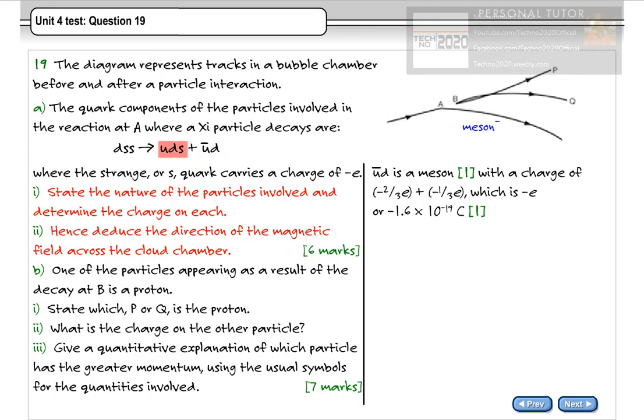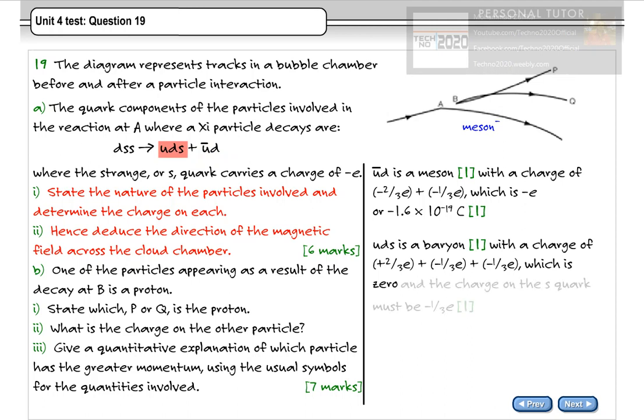The other particle emerging from A carries no charge because it does not produce a trail of ions, so UDS must have charge 0. It is a baryon with a charge of plus 2/3 e plus minus 1/3 e plus minus 1/3 e, which tells us that the charge on an S quark is minus 1/3 e.